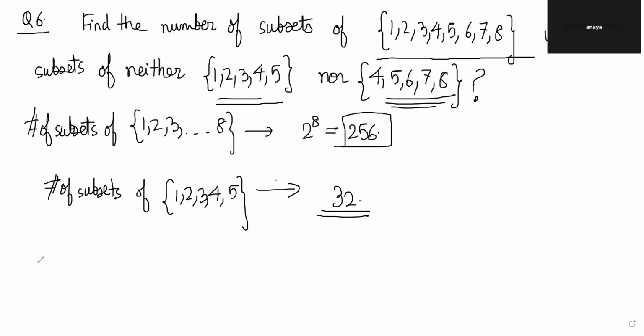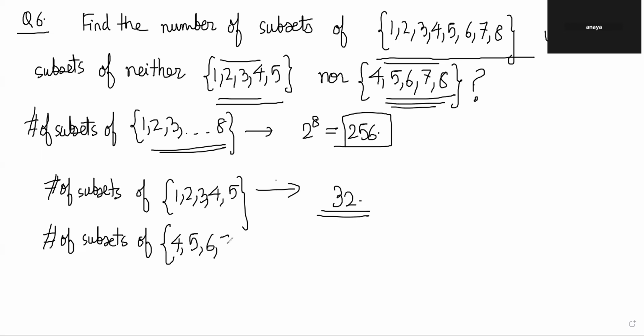So how will you calculate the number of subsets of this which are neither subsets of this nor subsets of this? You'd subtract, so it'd be like 256 minus 64.